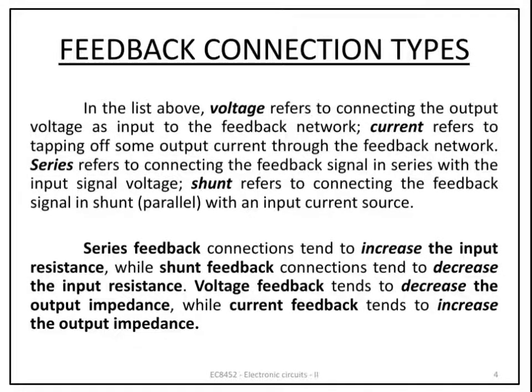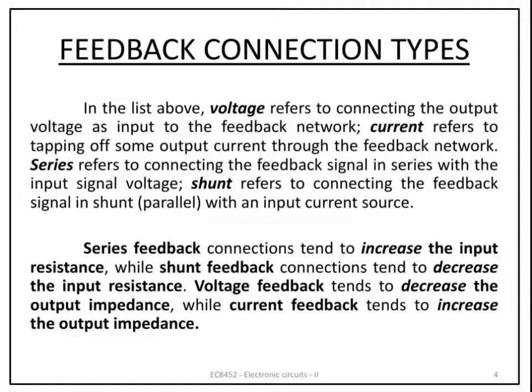In the list above, voltage refers to connecting the output as input to the feedback network. Current refers to the tapping of some output current through the feedback network. Series refers to connecting the feedback signal in series with the input signal voltage.